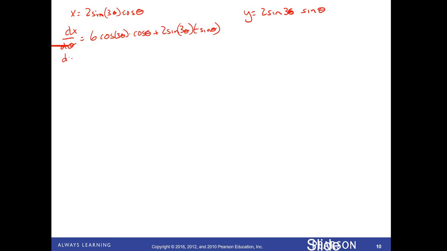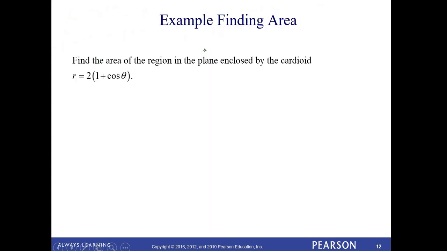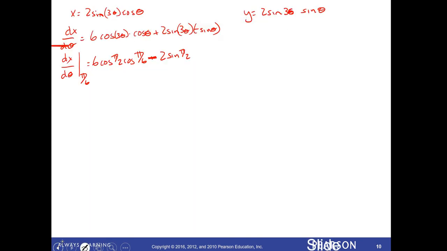So I also need dx d theta evaluated at pi over 6. So that's going to be 6 times the cos of pi over 2 times the cos of pi over 6 plus, actually I'm going to change this to a minus sign, bring that minus forward, 2 times the sine of pi over 2 times the sine of pi over 6.